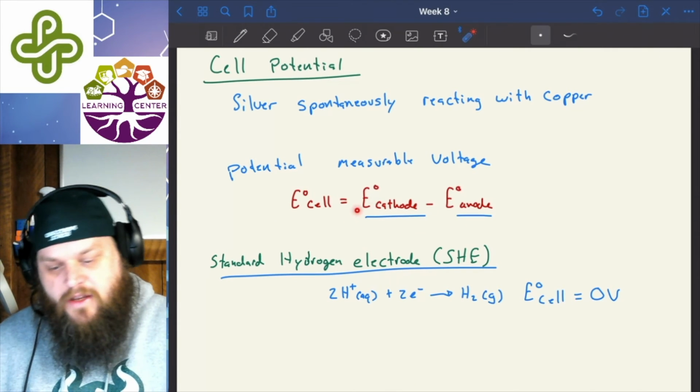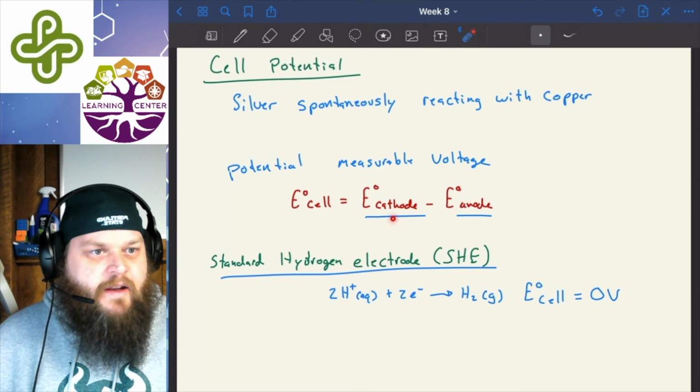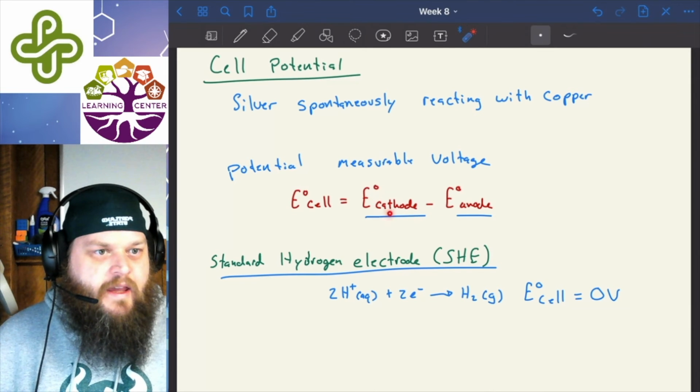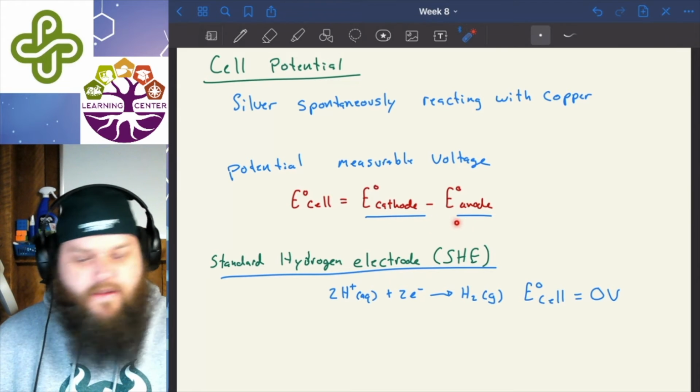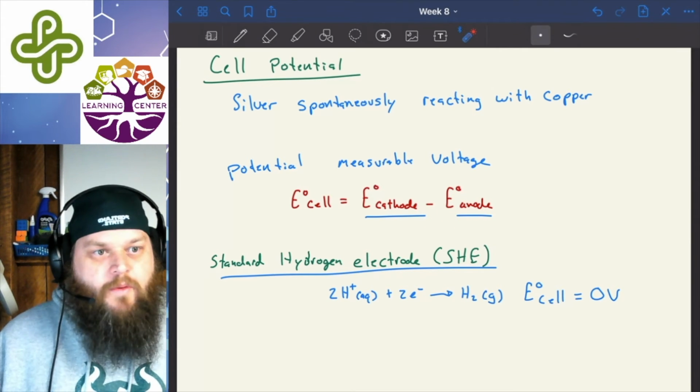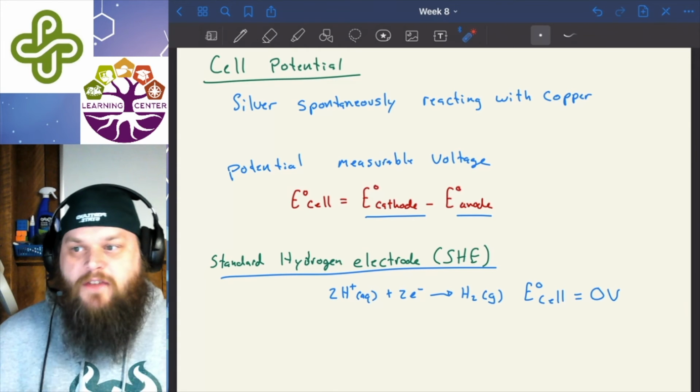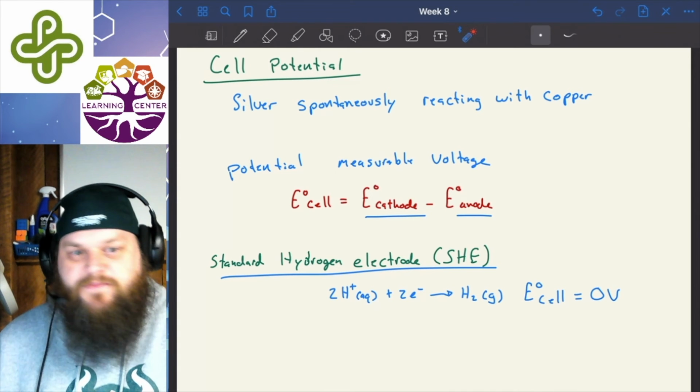That's this equation here. By finding the E of the cathode and then subtracting from that the E of the anode, whatever those values are on the table, we can find what the electric potential of that cell is.